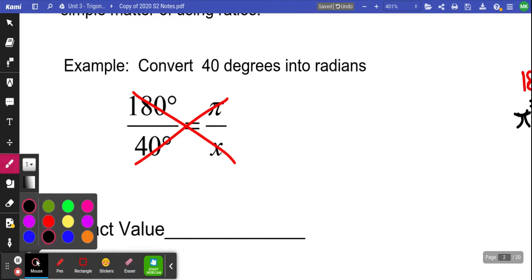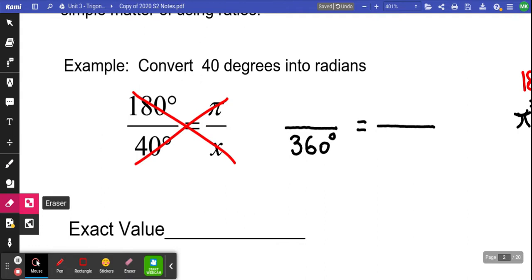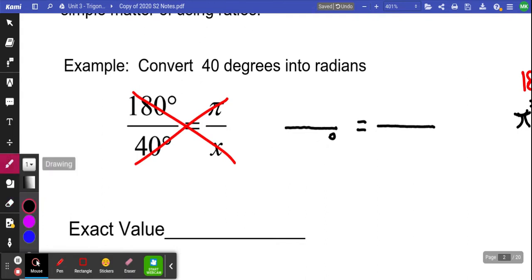What we're going to set up is two equivalent fractions. The bottom of the fractions will be 360 degrees. Actually, give me 1 second, let's do 180. I do like that they have 180 there. Equals pi. Normally I do 360 equals 2 pi, but it's actually nicer with 180 equals pi. I'm going to put it on the bottom.